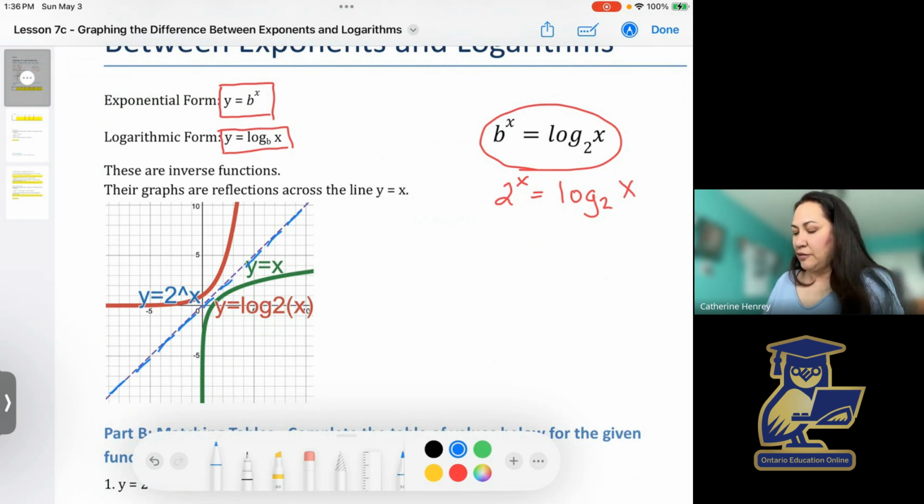And then we have our function here, y equals 2 to the power of x. And then we have our log function right here, which is the log of x to the base of 2. Hopefully you can see that one is the reflection of the other, meaning that it is the inverse function.